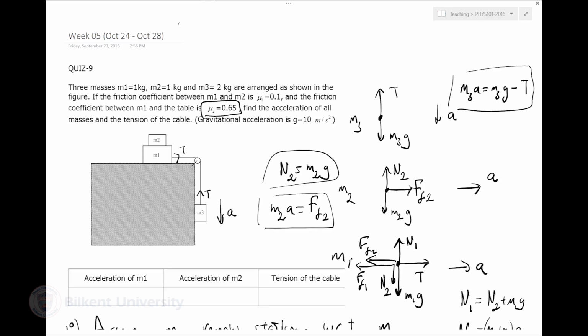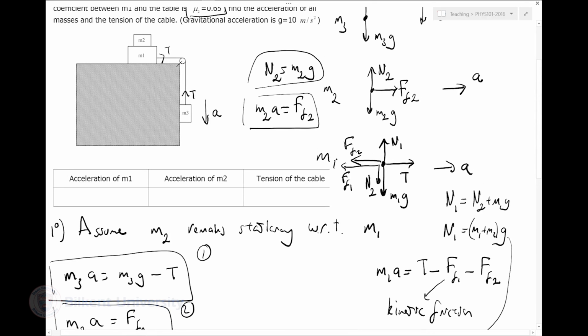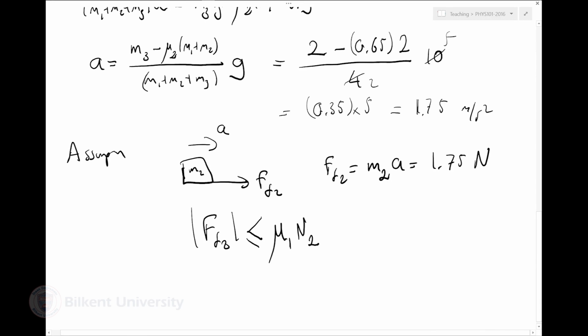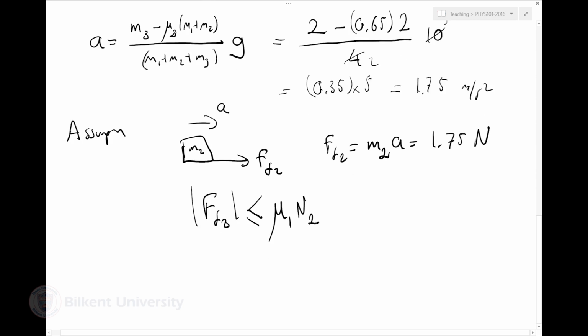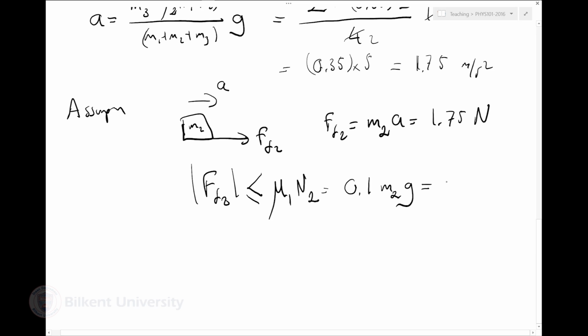N2 is M2G. So this is mu1, which is 0.1, times M2G. So it's going to be 1 Newton.